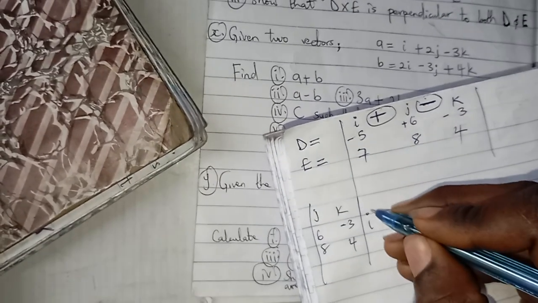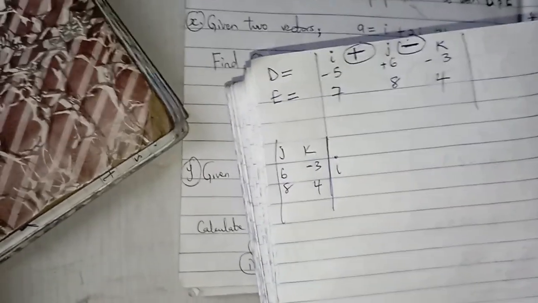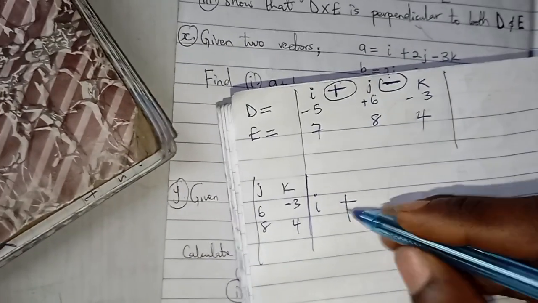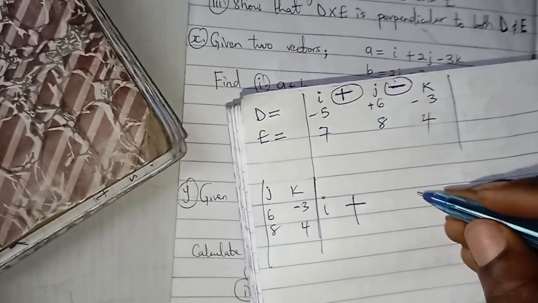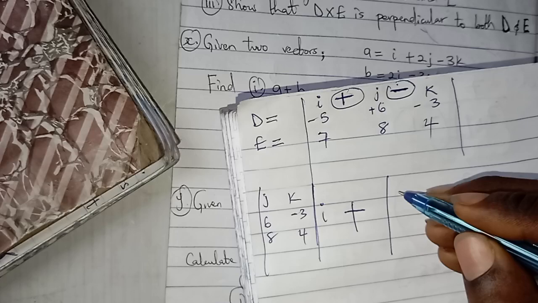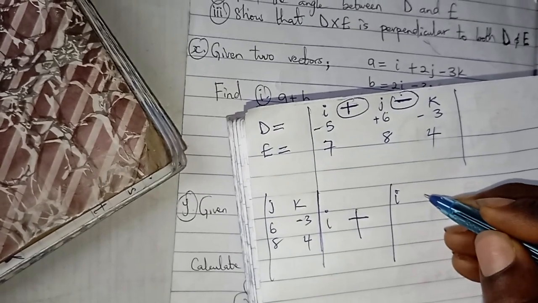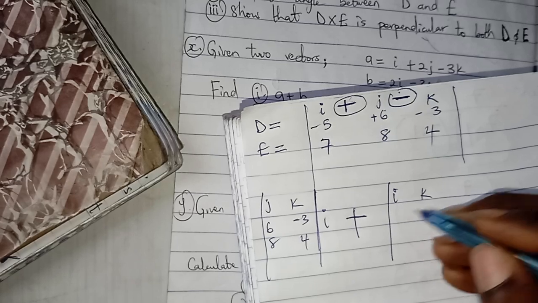For i, j cross k gives me i, then plus. For j, I will have the values of i and k, since i cross k gives me j.